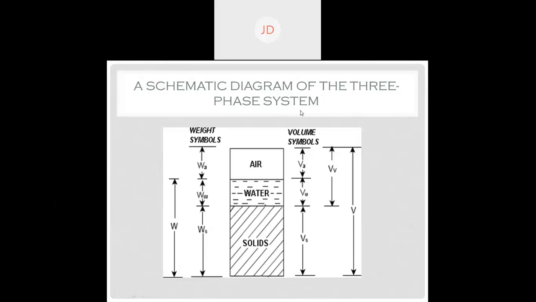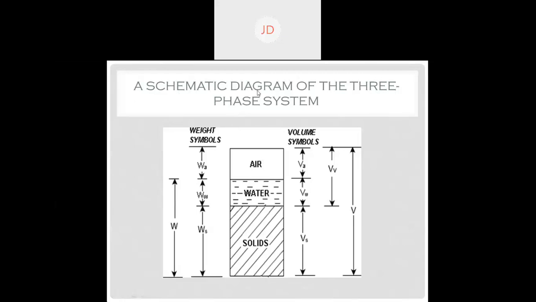In a particular partially saturated soil mass, if you consider the different constituents and draw this schematic diagram, you will see this kind of diagram. So at the bottom, what will we get? Soil solid particles. Then above the soil solid, we will get water, and above this, we will get air. So this is a representation of the three-phase diagram as a schematic diagram.